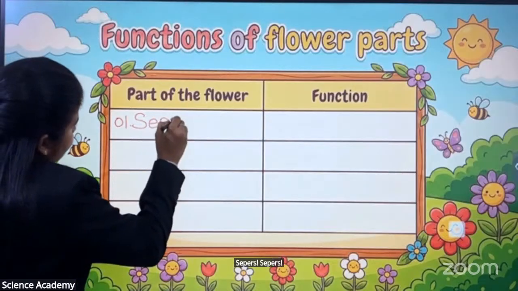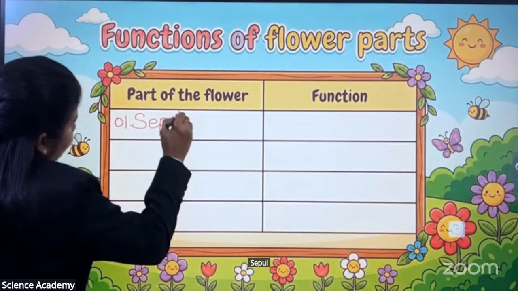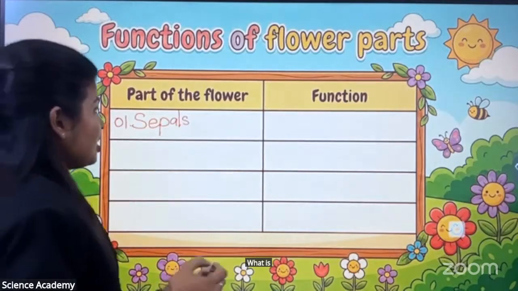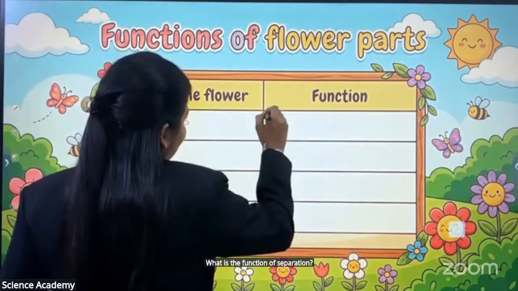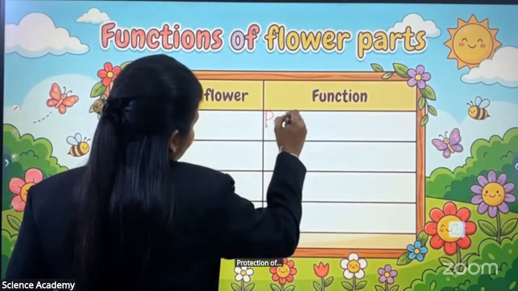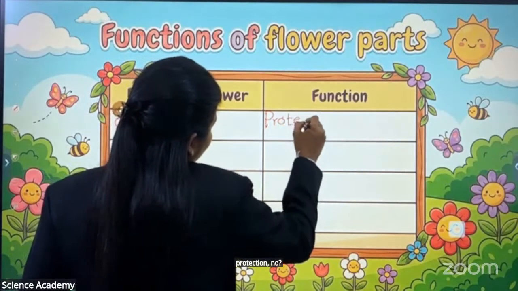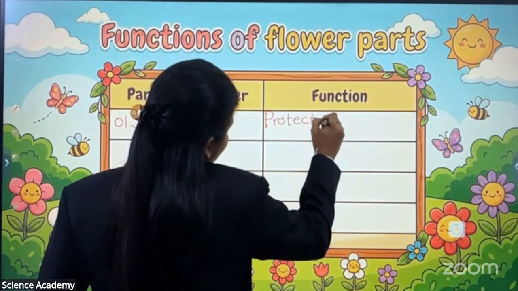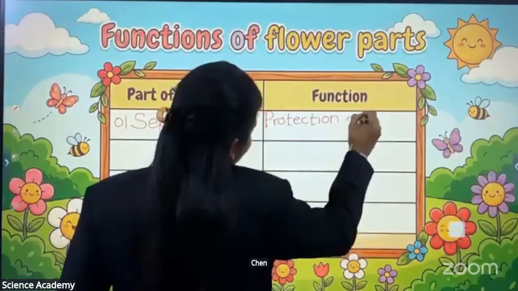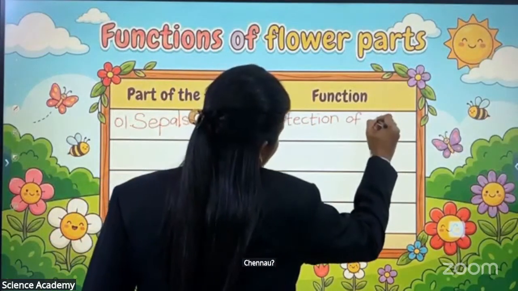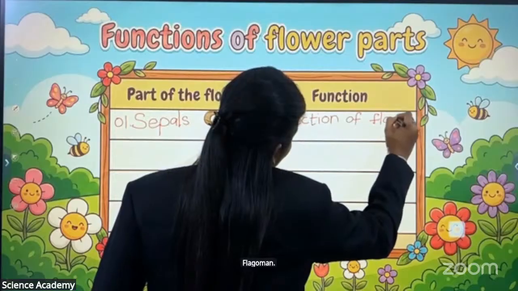Sepals. What is the function of sepals? Protection of the flower bud.